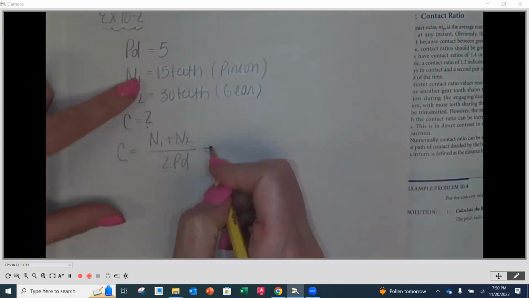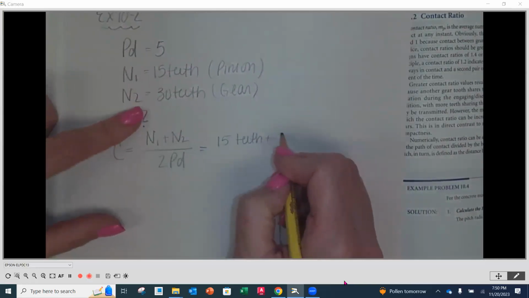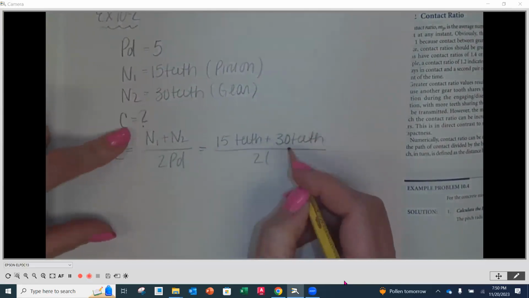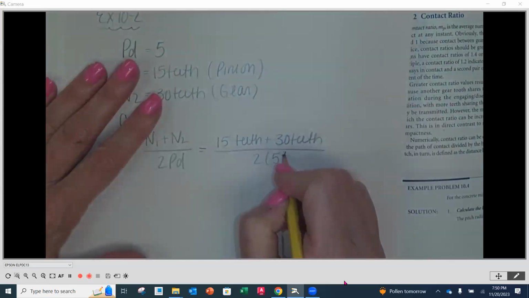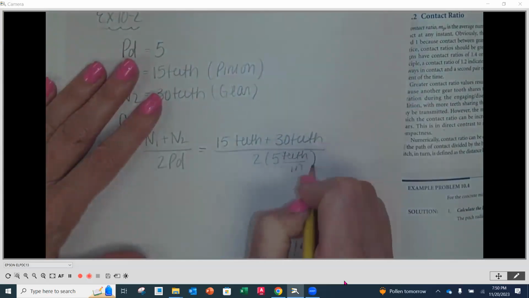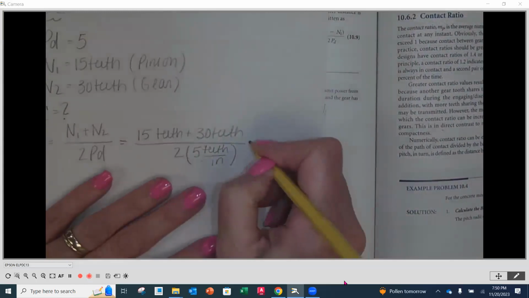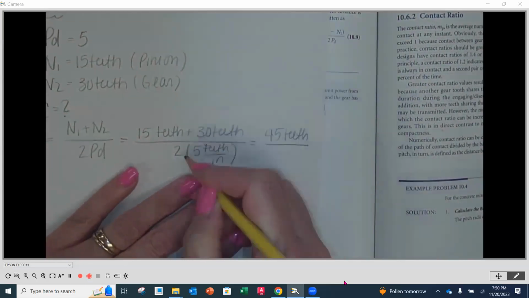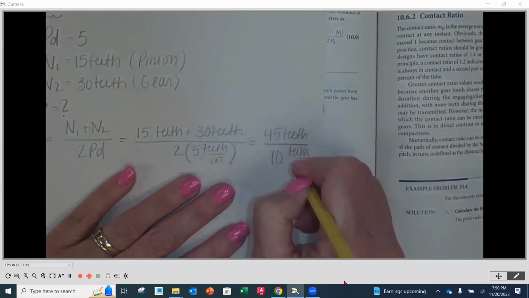So the number of teeth on 1 is 15 teeth, plus the number of teeth on 2 is 30 teeth, divided by 2 times the diametral pitch of 5. We want to put our teeth per inch in here. When we combine the 2 on top, this is 45 teeth divided by 2 times 5, which is 10 teeth per inch.